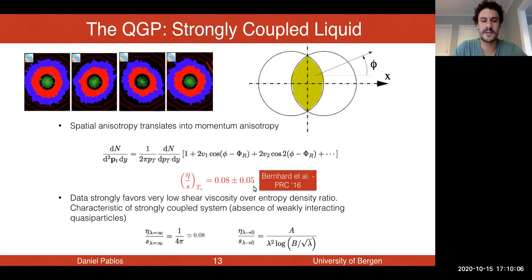People have extracted the values of the shear viscosity of this system by performing simulations, and it turns out to be really, really small.